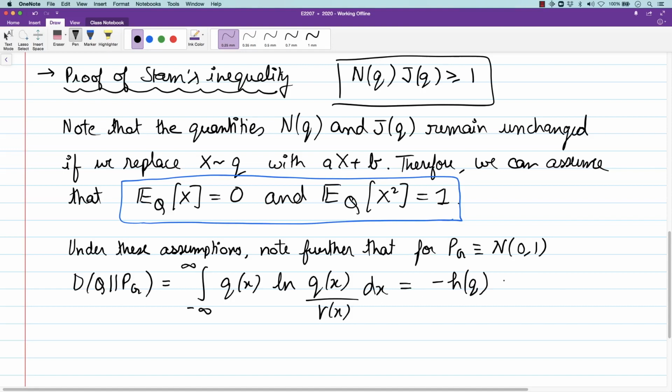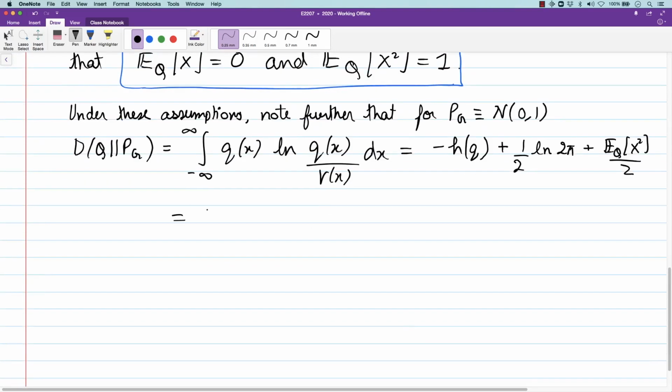And this term here, we have seen this before. It's half log 2 pi plus expected value under q of x square by 2. Okay, and so this is nothing but minus hq plus half ln 2 pi e, because expected value under q of x square is 1, right?